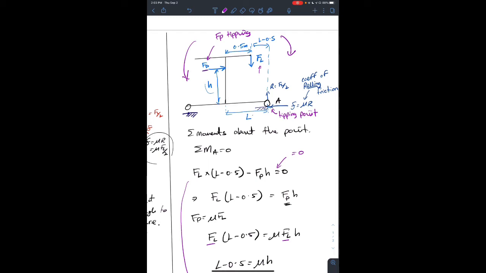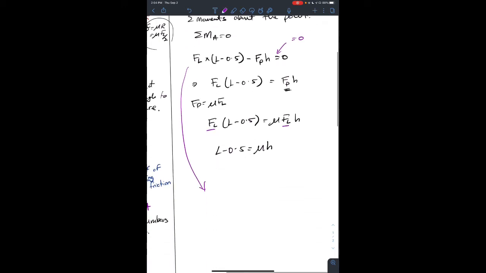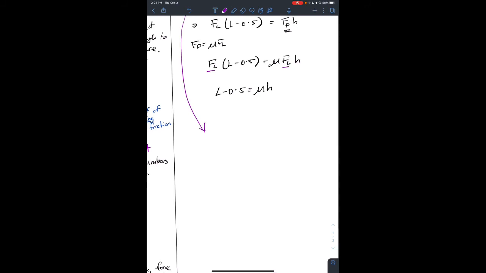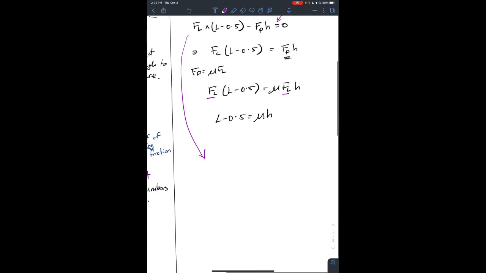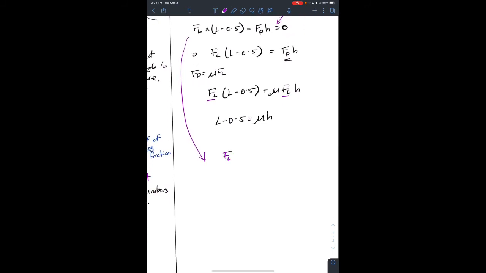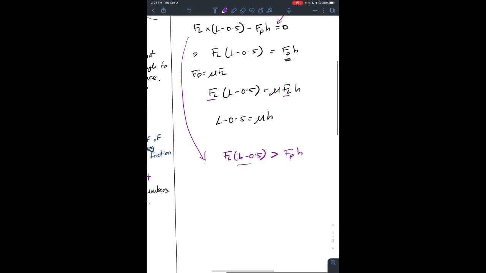Ideally, we want the stabilizing moment from FL to be greater than your pushing moment, or overturning moment. So as long as this side is greater than this side, it will remain intact. It will not tip over.